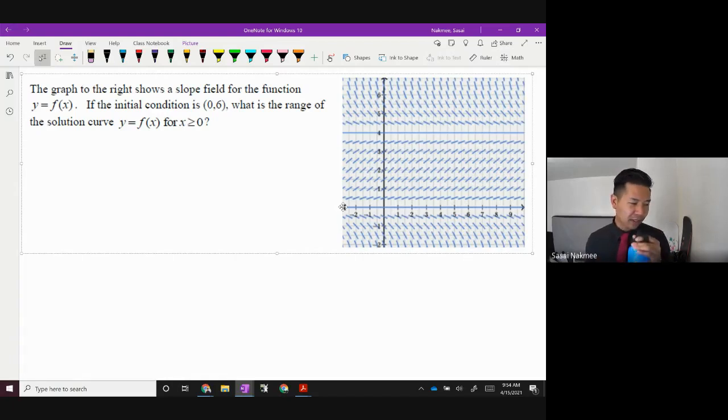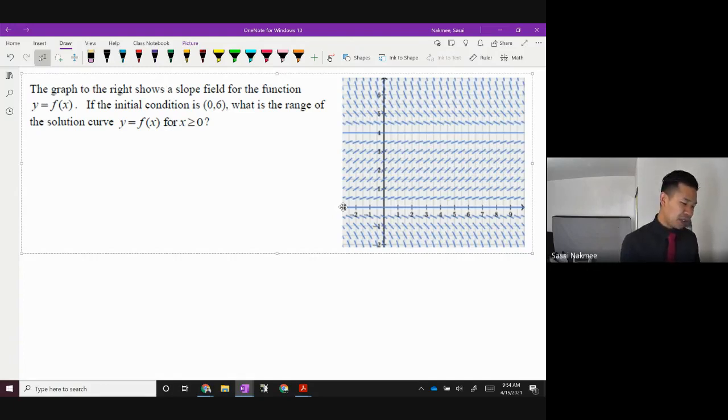We just know that it looks like this. Second part, if the initial condition is 0, 6, what is the range of the curve solution for f of x for x is greater than or equal to 0?